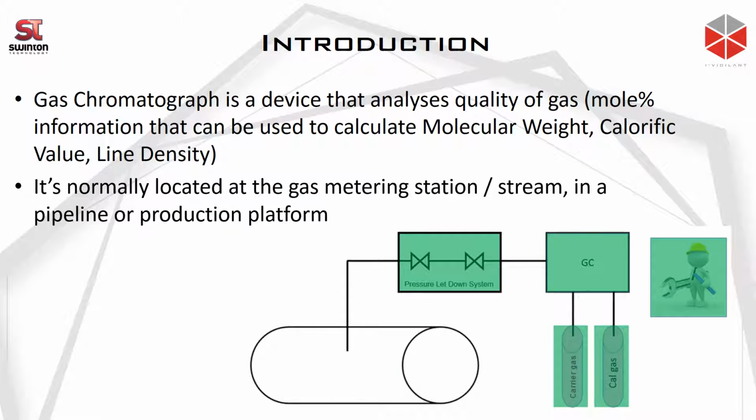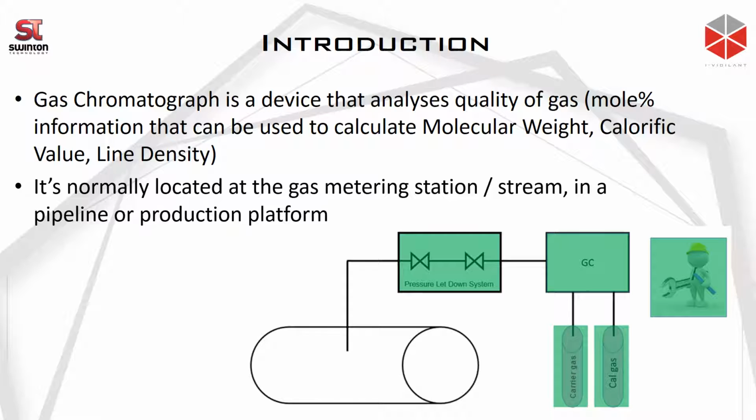It's normally located at a gas metering station or a gas metering stream, in the pipeline or on the production platform. The way it works is that when we have a pipeline, it normally has a high pressure in it.